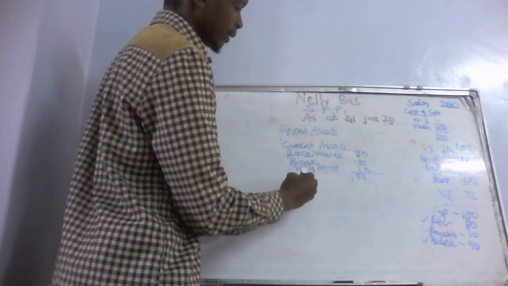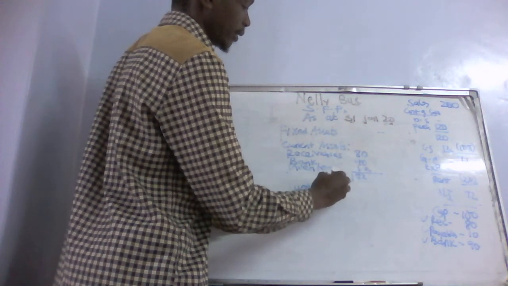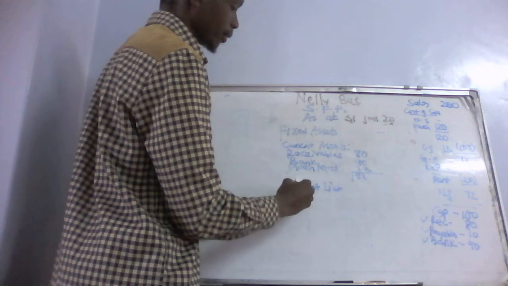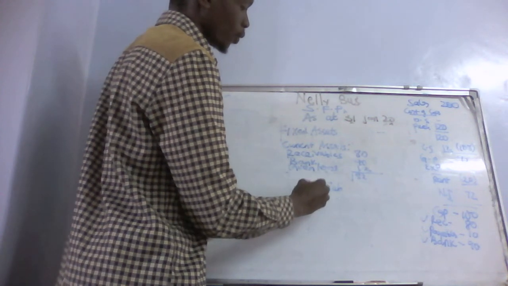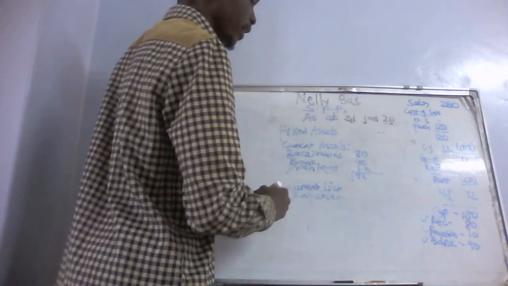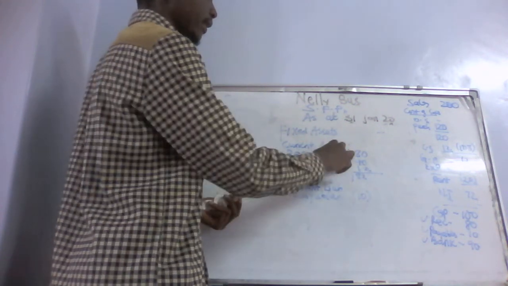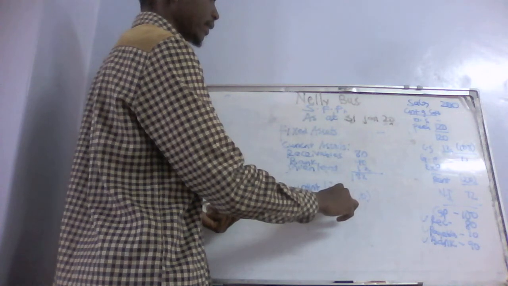So this is 182,000. This 182,000 is when we have current liabilities, and we have payables of 10. So this payables of 10 now, we less it. You know, current assets less current liabilities.